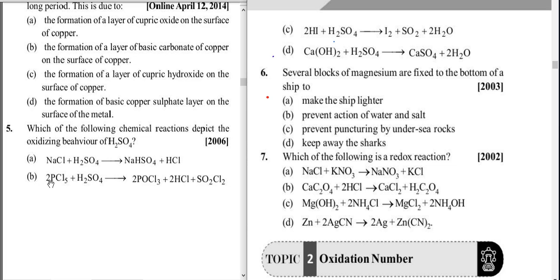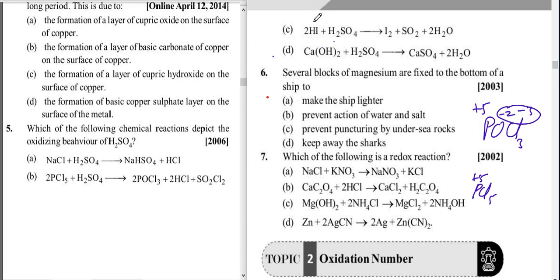In the second, PCl5 is forming POCl3. You can see the oxidation number in PCl5 is plus 5. In case of POCl3, the total is minus 3 minus 2, that means the total is plus 5. So in PCl5 also plus 5, in POCl3 also plus 5, meaning neither oxidized nor reduced.